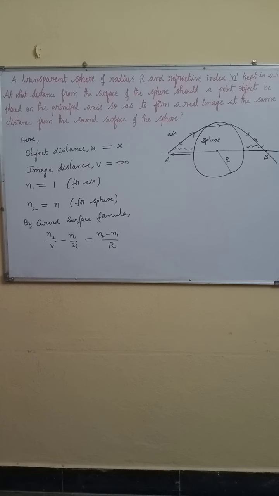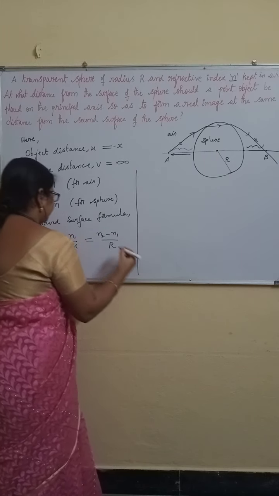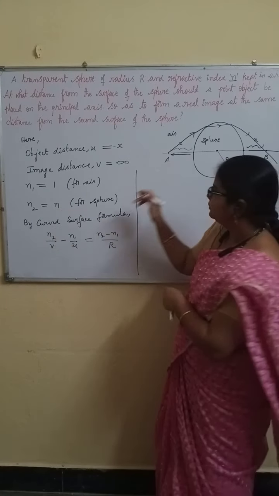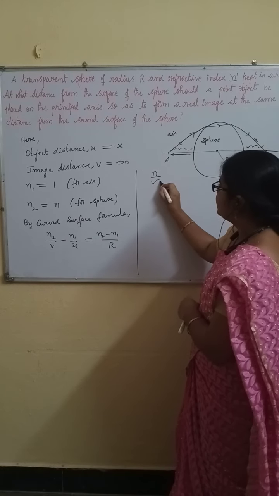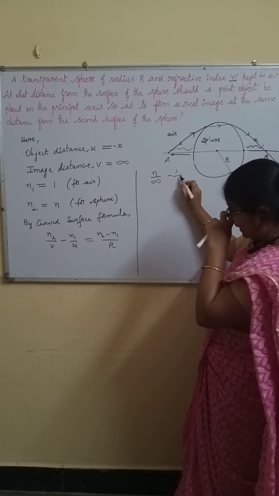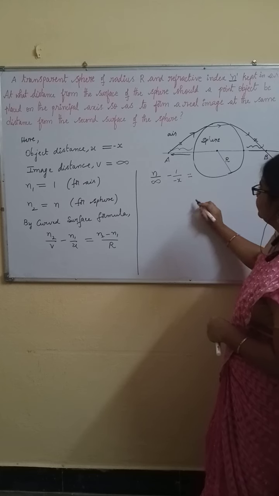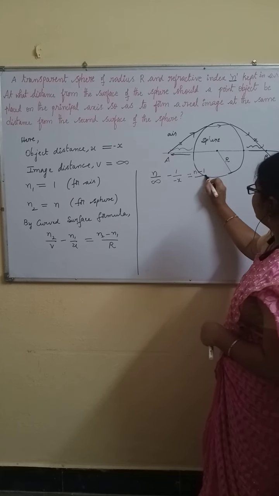Now, substitute the values here. n2 is n. n by v, where v is infinity, minus n1 value 1 by u value minus x, is equal to n2 minus n1, that is n minus 1, by R.